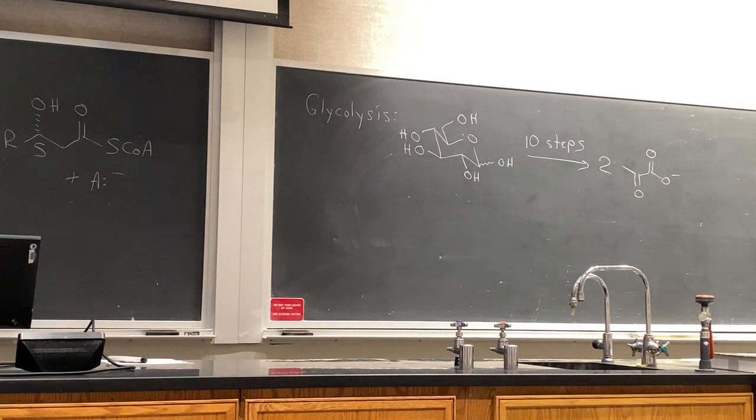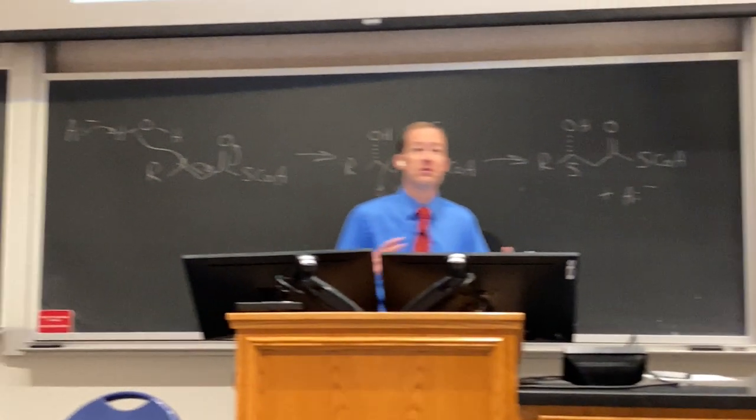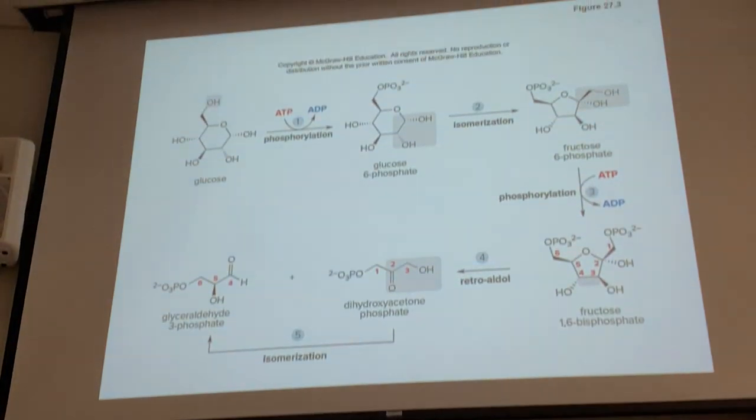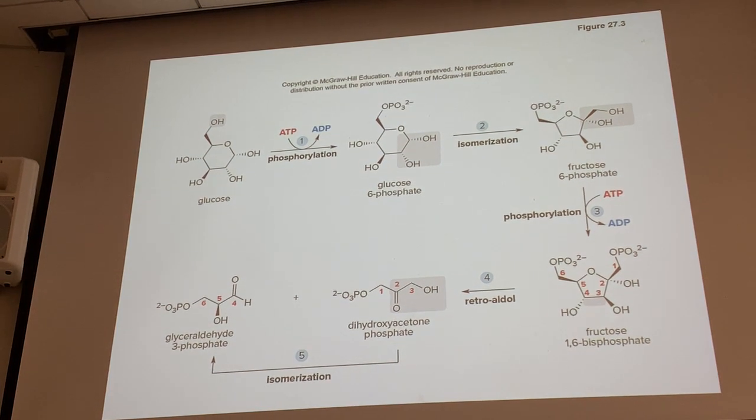Because 10 steps is kind of lengthy, glycolysis is usually divided into 2 halves. In the first half, we take glucose and convert it into glyceraldehyde 3-phosphate. We're essentially going to chop glucose in half.